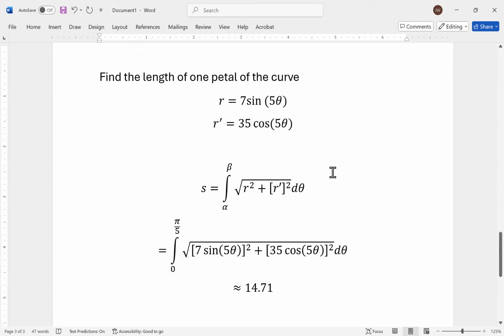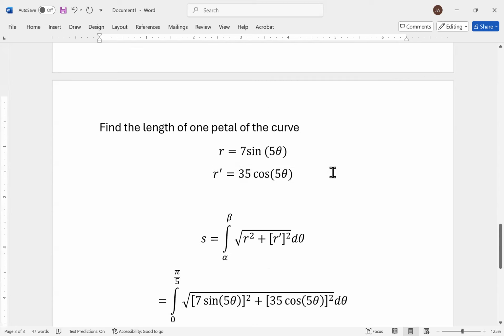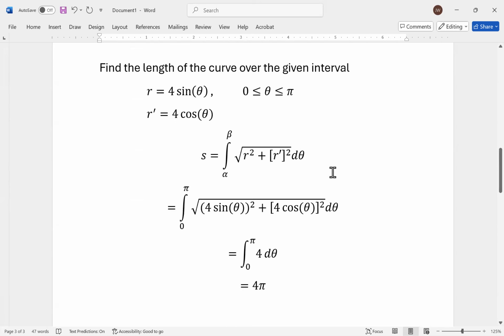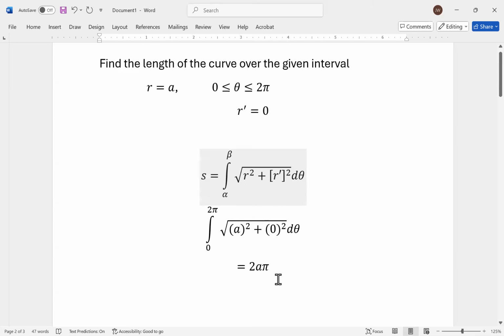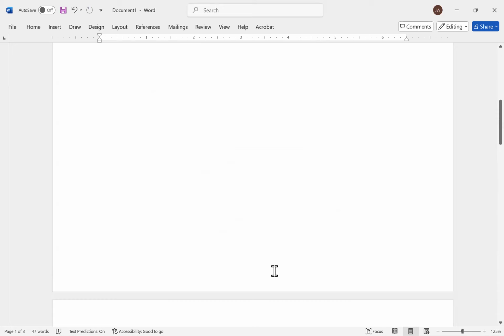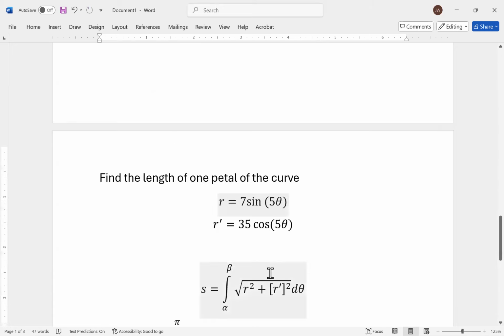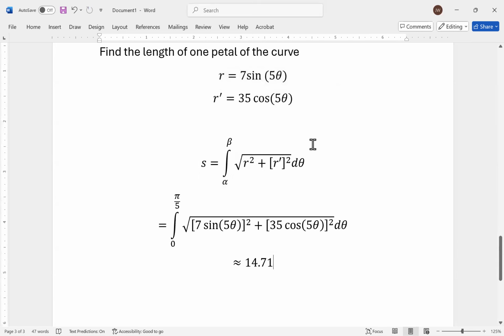So this shows you how to find arc length. And obviously in the first couple of examples, we found arc length and had really nice numbers. We ended up with 4 pi. We ended up with 2 times a times pi, or 2 times whatever radius we're dealing with times pi. And then obviously this last one, the petal of the rose curve, was not a nice integer times pi or anything like that.